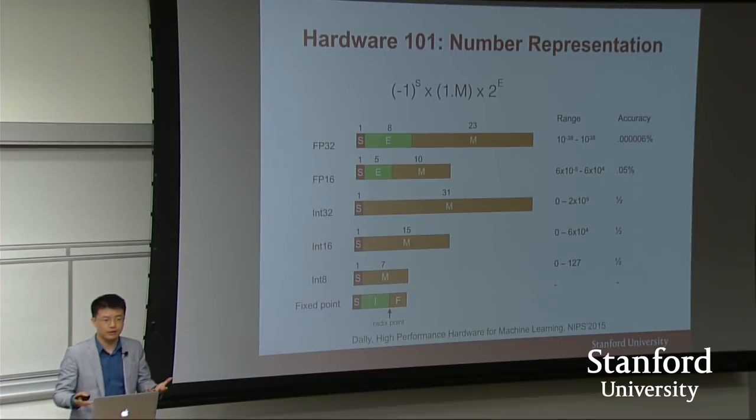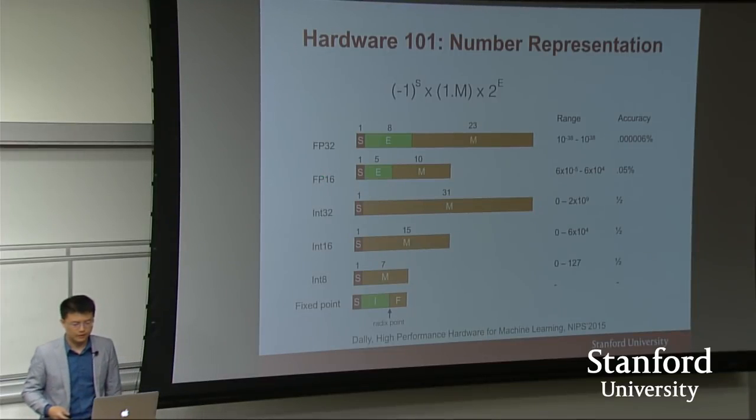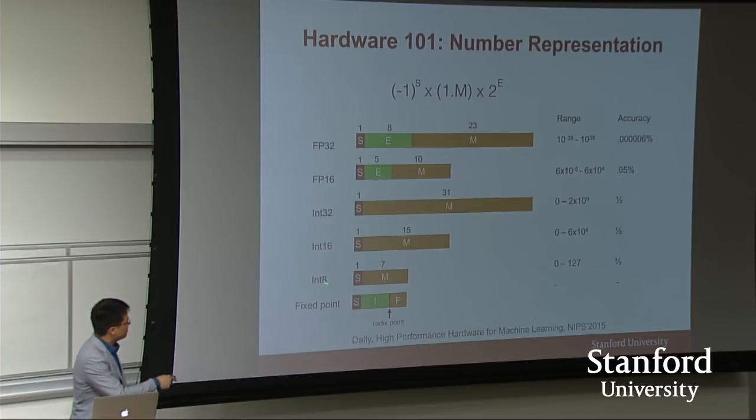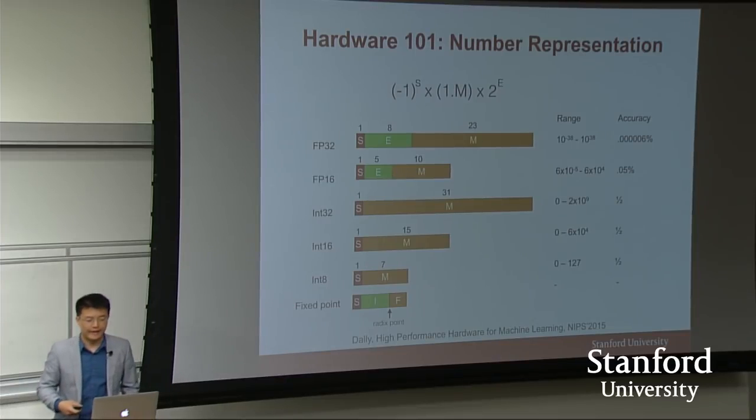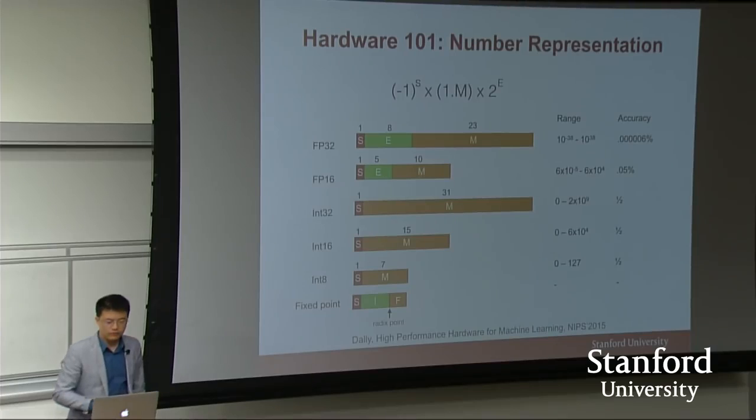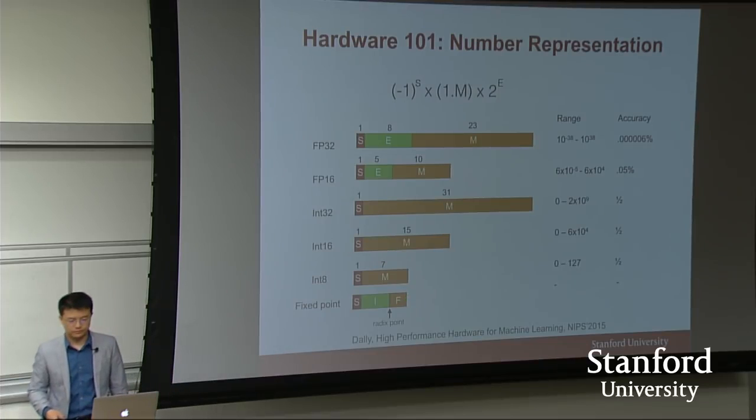Similarly, there is FP16, using 16 bits to represent the floating point number. In particular, I'm going to introduce int8, where the Google TPU uses an integer to represent a fixed point number. So we have a certain number of bits for the integer, followed by a radix point, different for different layers, and lastly, the fractional bits.